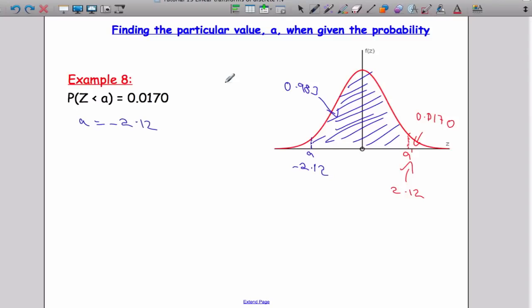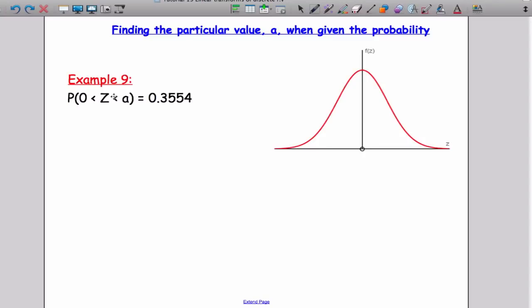Okay, let's keep going. Example 9. What about the probability that 0 less than Z less than A equals this here? And I'm asked to work out this probability. I know that the area is 0.3554, and I know that the top half is 0.5.